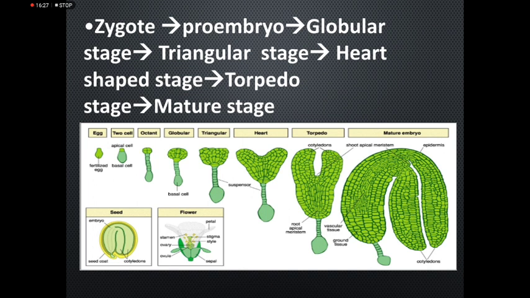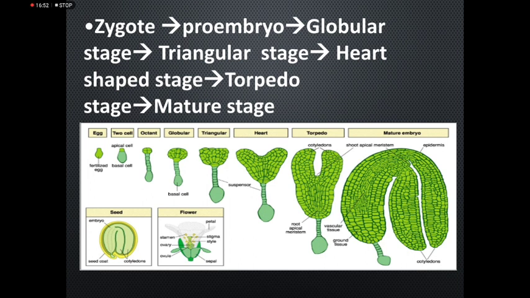Then the zygote develops through various stages, and some of the stages are mentioned below. Zygote is first converted to proembryo, then globular stage, then triangular stage, then heart-shaped stage, then torpedo stage, and finally mature stage.